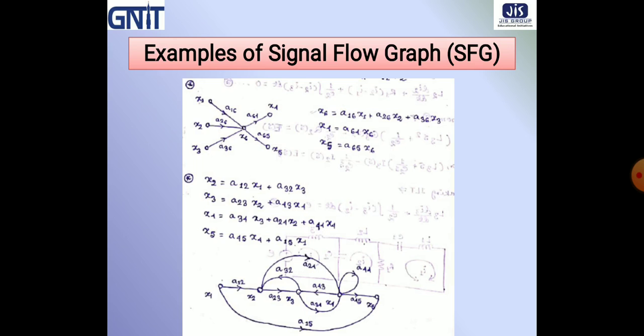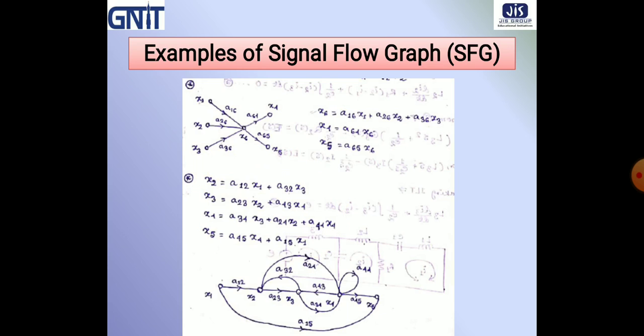If we see carefully these 4 equations, then you can see there are 5 nodes. That is x1, x2, x3, x4 and x5. There are 5 nodes.